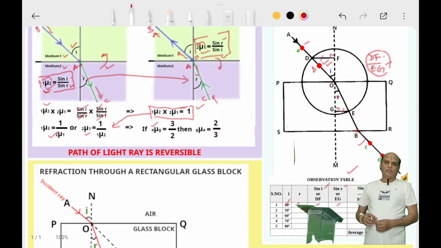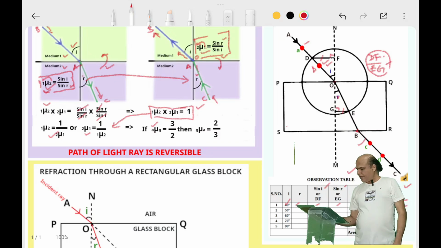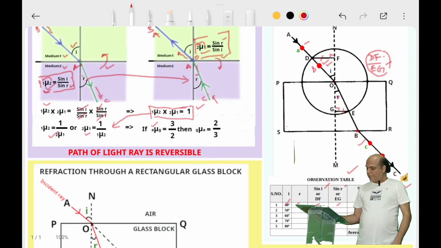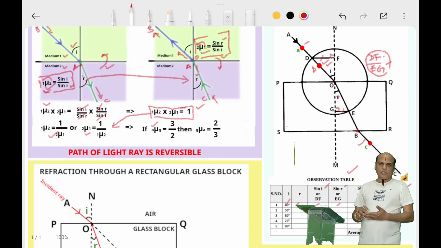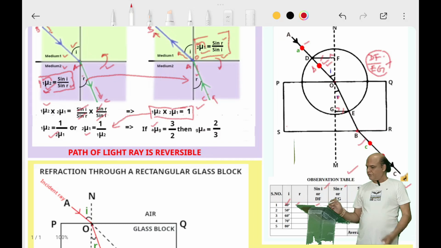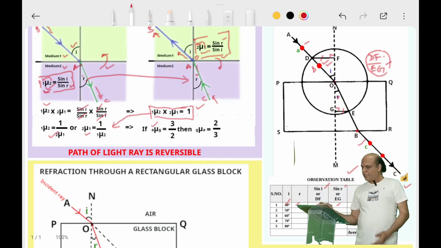So this proves that the ratio of sin i by sin r, if you see your values after the experiment is done, your observation would be constant. So sin i by sin r is constant, and that indicates the refractive index of glass. So Snell's second law is proved to be true, or we can say Snell's second law has been verified.